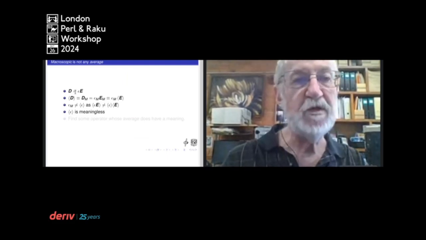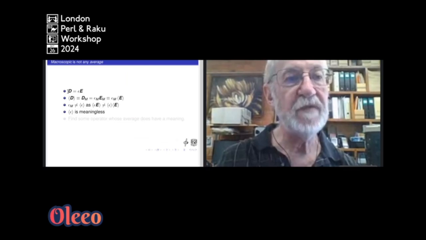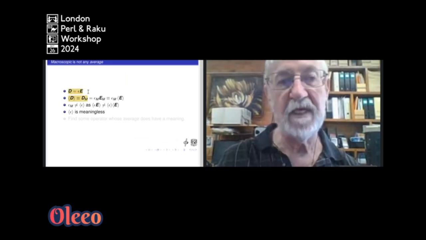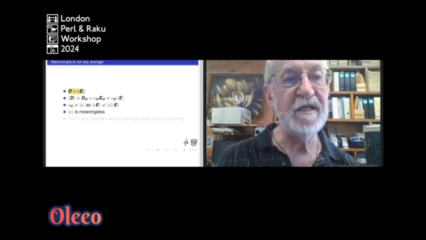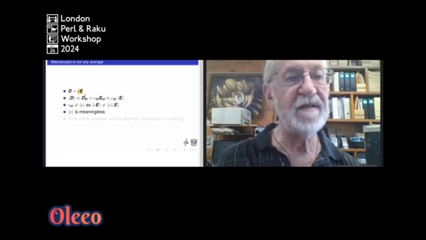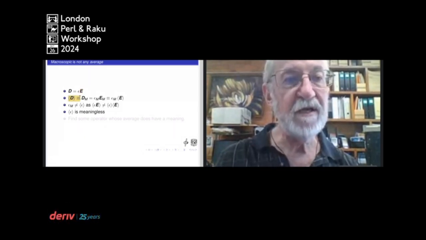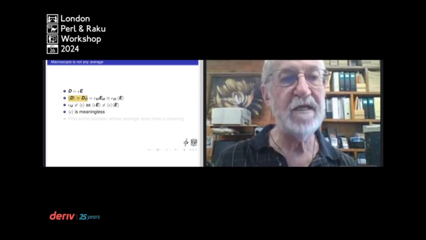Now, the effective response is not simply the average of the microscopic response. For instance, this would be the displacement as a function of the electric field. This defines the dielectric function, this epsilon, which is the permittivity. If you average this equation, you obtain the macroscopic displacement.